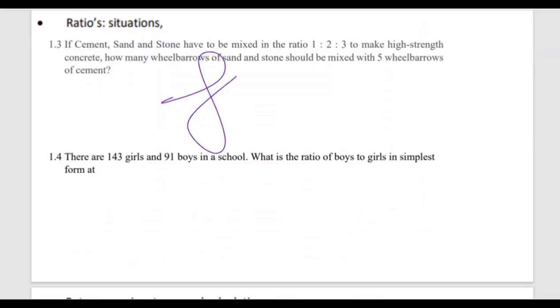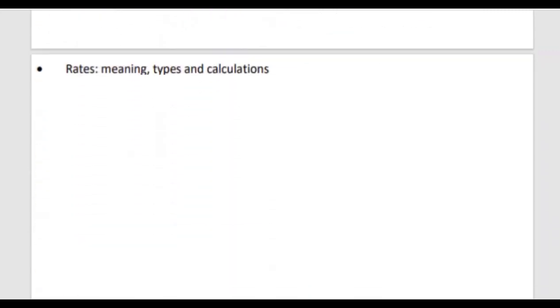It's already done. Yes, let's look at rates. Ratios. Let's recap. Ratios, we said, look at the same units.